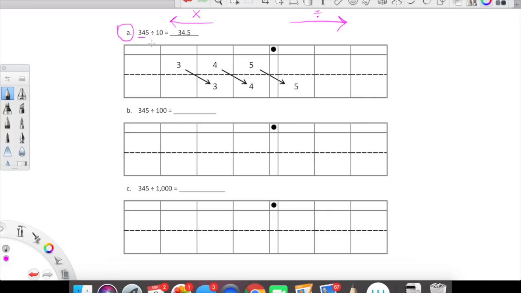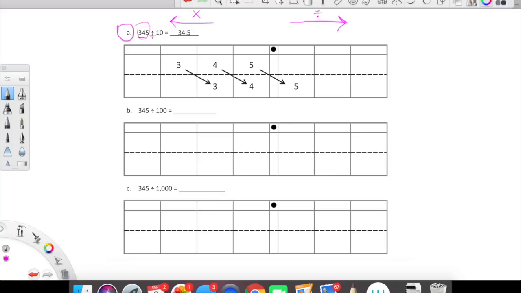So here we have 345. We're dividing 345 by 10. We're dividing 345 into 10 equal pieces. The result is 34.5, meaning we're going to have 34.5 in each of our equal pieces. 34.5 is much smaller than 345.